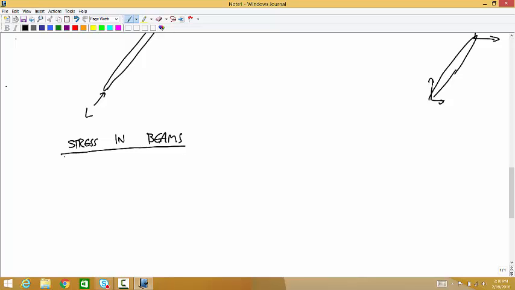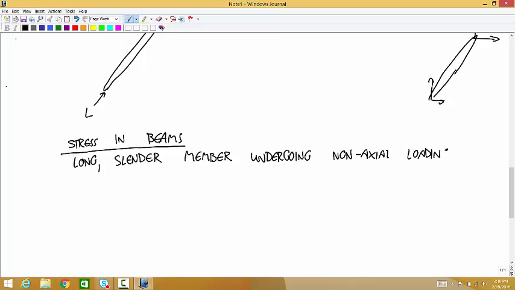A beam is a long, slender member, and this is a key part too. The definition of a beam involves the way that it's loaded. So it's a long, slender member undergoing non-axial loading.